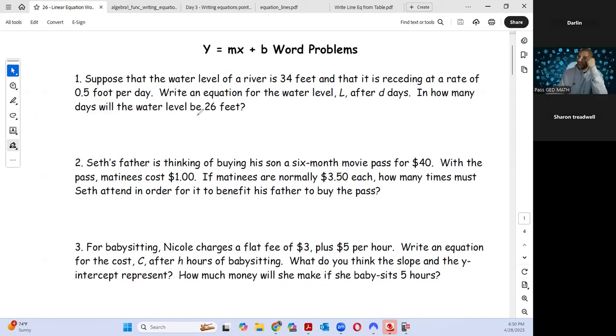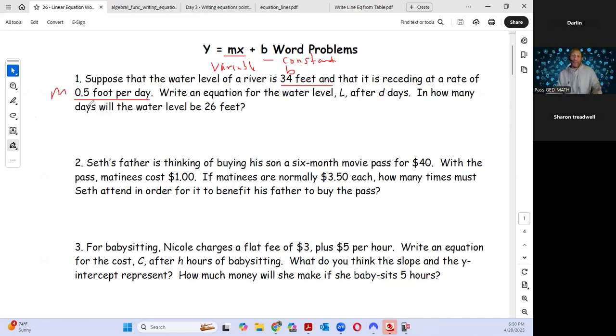what's constant? Because remember, b is not going to change. 34 feet, that's the 34 feet. So that's my b. My mx, that's variable. That's going to change depending upon what my x is. If it's receding, it's going to be negative 0.5 per day.